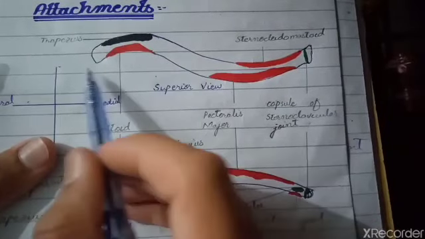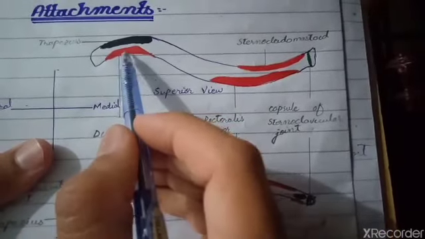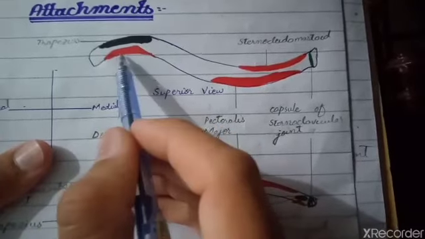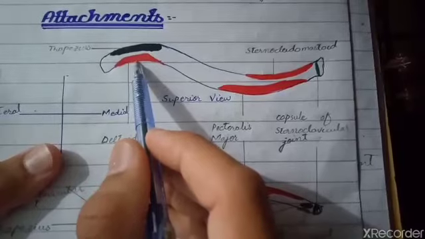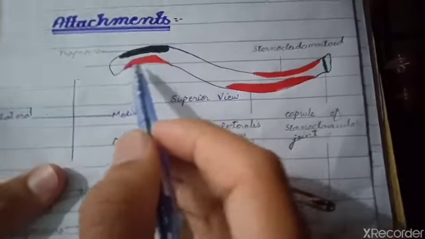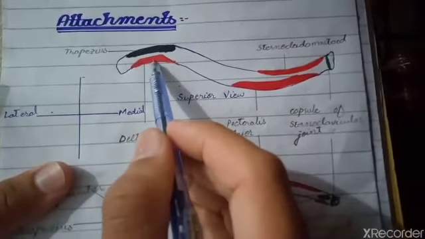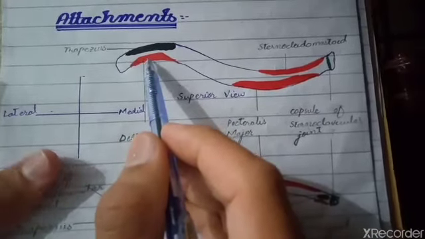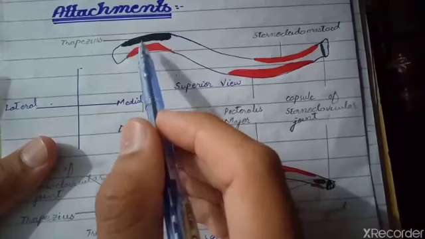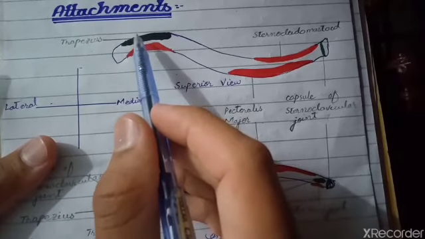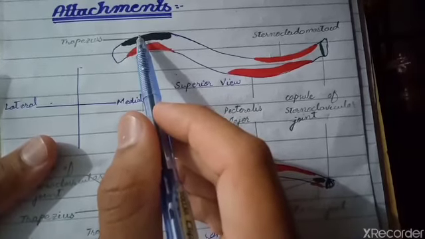This is the lateral 1/3, and this is its anterior side, the anterior border. It gives origin to, remember that the red color is used for the origin of the muscle and black color is used here to show the insertion of the muscle, right?